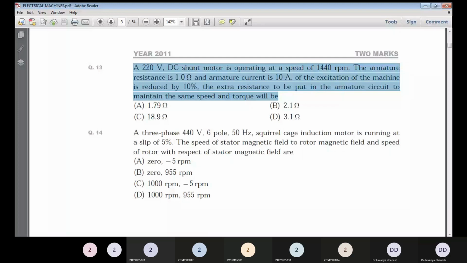So from that we can calculate the value of IA. So IA2 will have this expression, divided by 0.9.